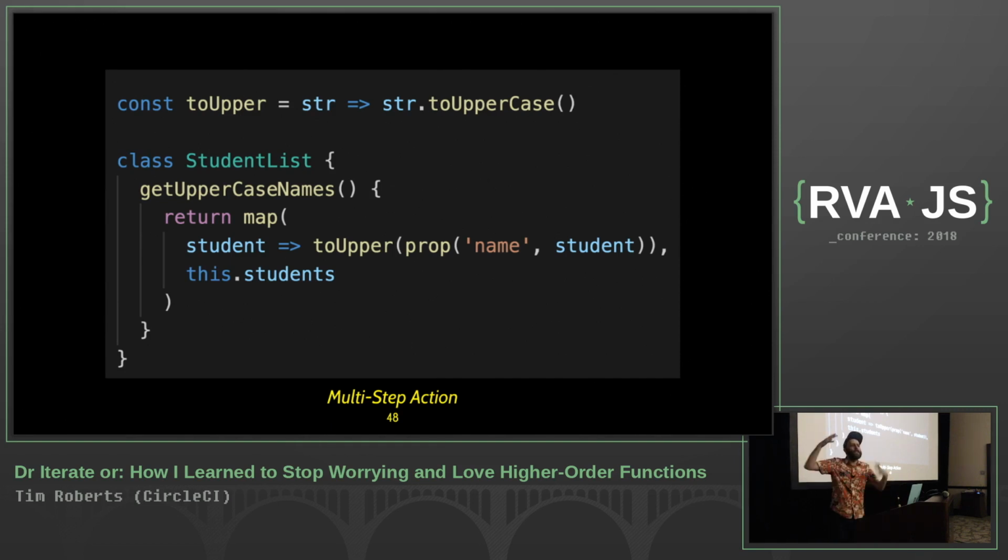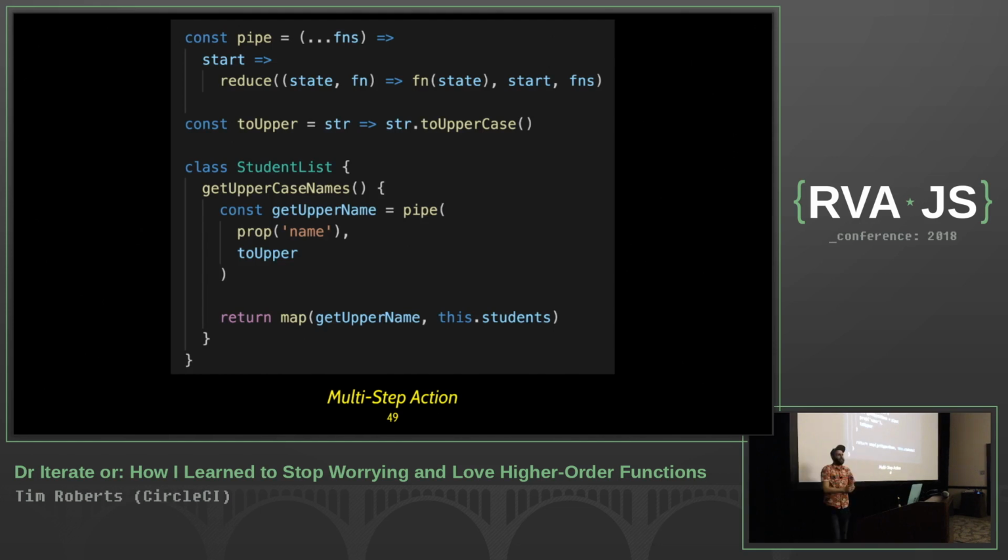How could I use this idea of reducing a list of values into a single value to take two functions and compose them into a single value, or pipe them together? How could I glue these two Lego pieces together?